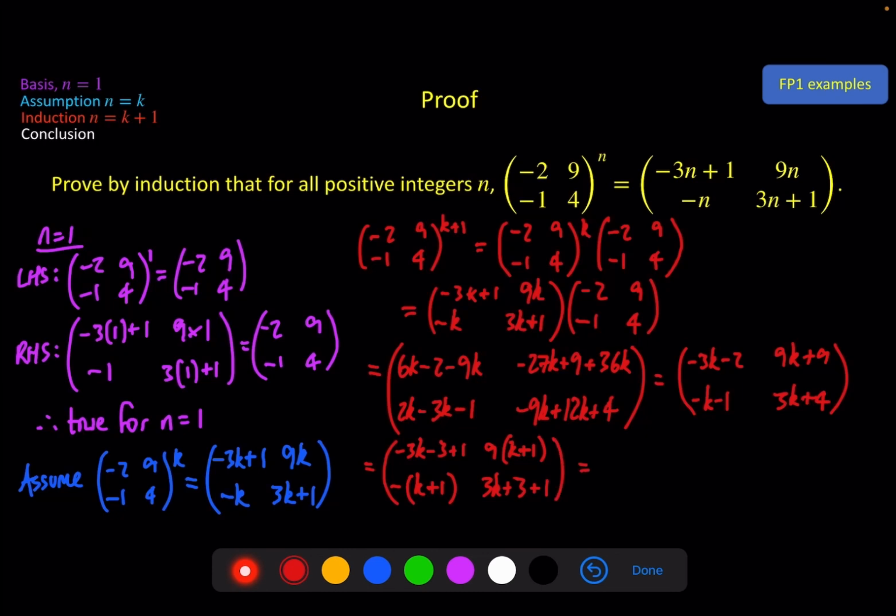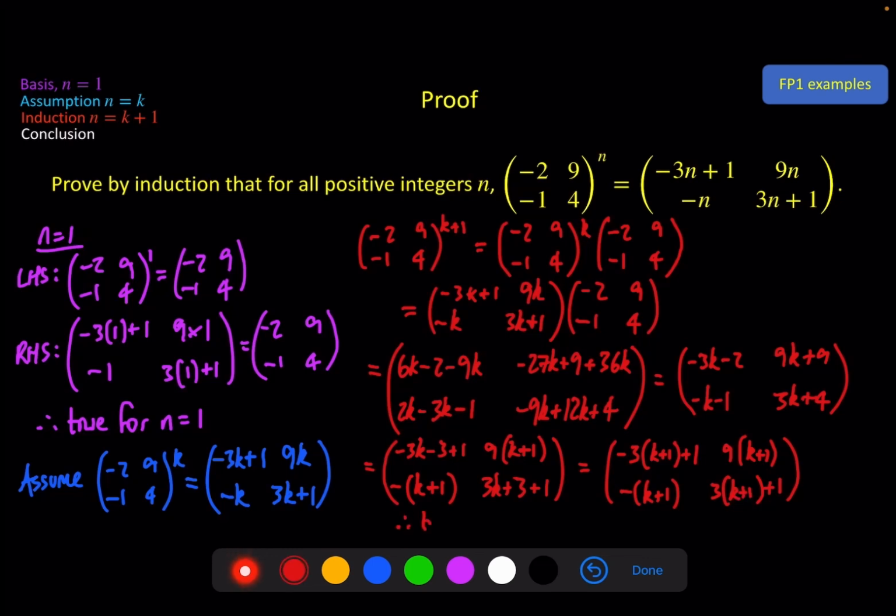I don't think I can be any clearer than that, so let's put this in its final form. And that matches what we've got here. K plus 1 in here, k plus 1 here, k plus 1 for this, and here k plus 1.